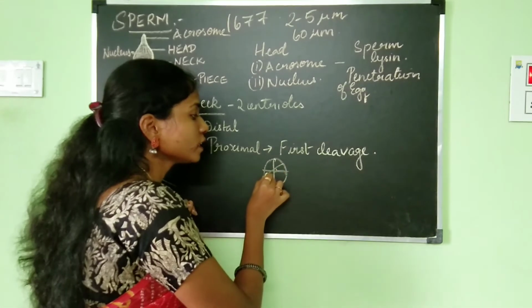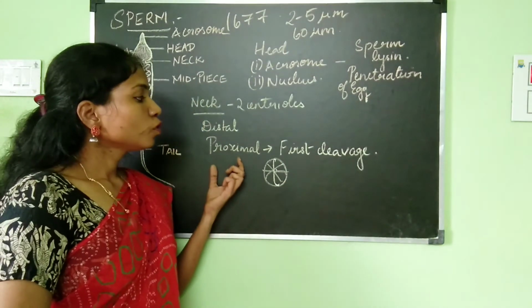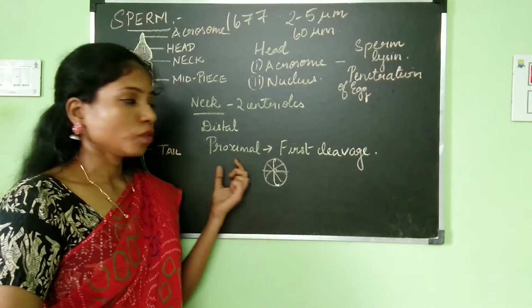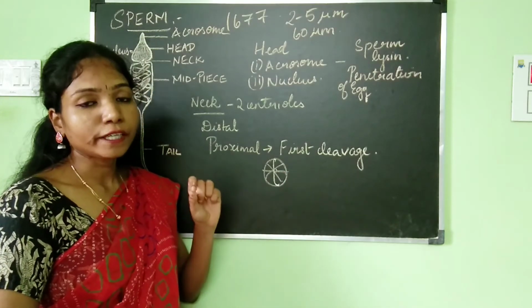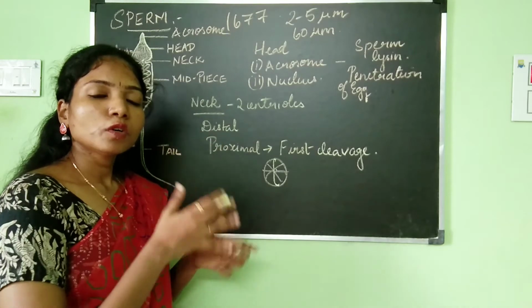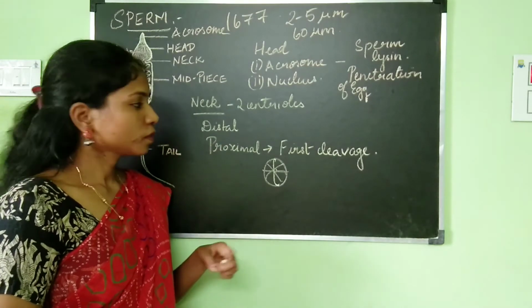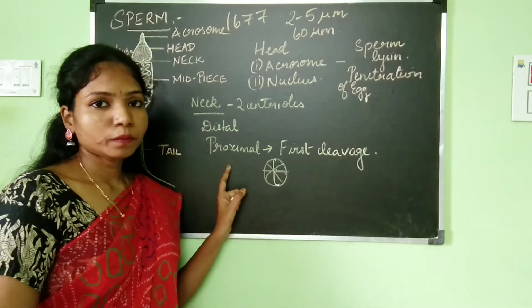Like that, it has to start to divide in order to form the embryo. So the work of the proximal centriole is to initiate the first cleavage in the zygote.